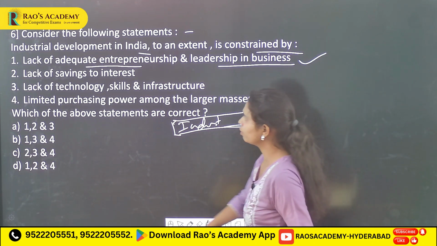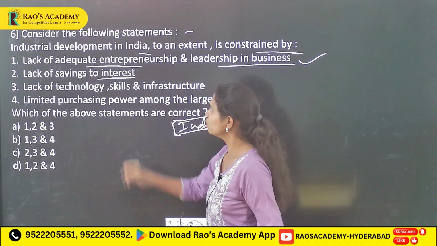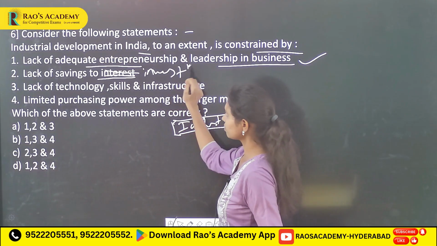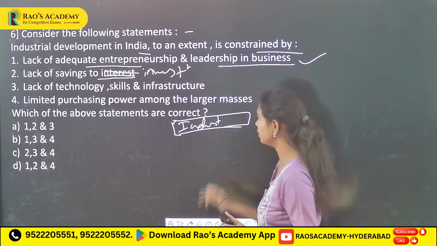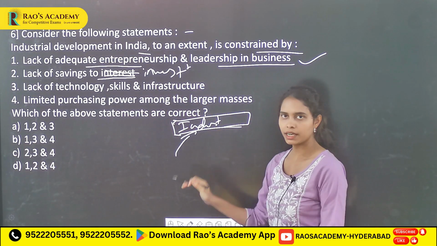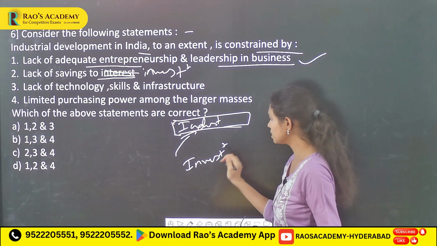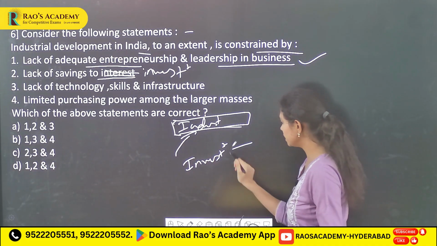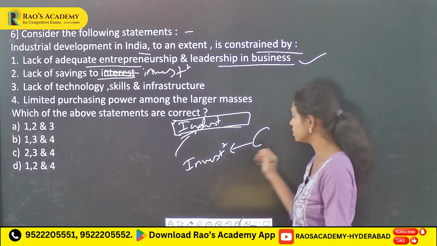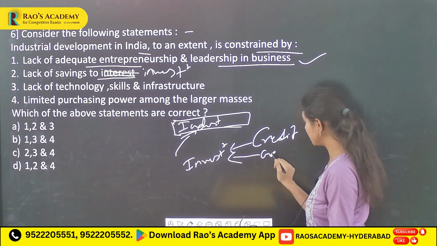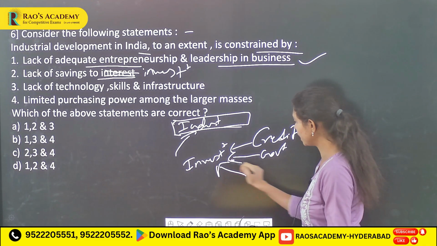Then followed by lack of savings to it is not the interest, it is actually investment. Lack of savings to investment. If you see, in order to run a particular industry, we require the investment. Whereas the investment doesn't include only the savings, the resources for the investment will come from the credit and also from the government spending and also through the FDI as well.